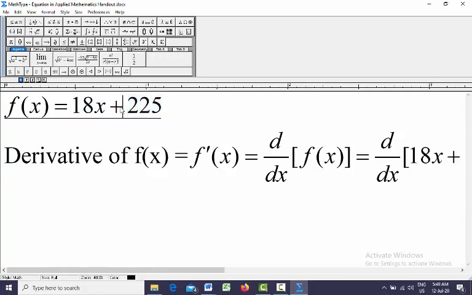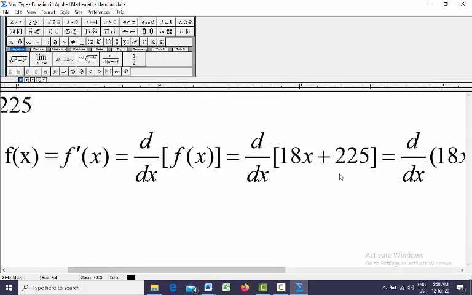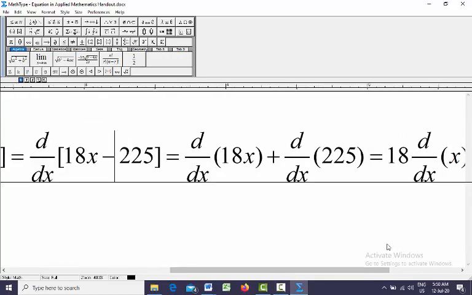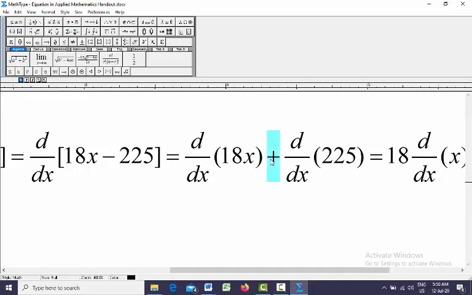Similarly, if instead of plus you put minus there, here we will have a minus there, and here we will have a minus there.